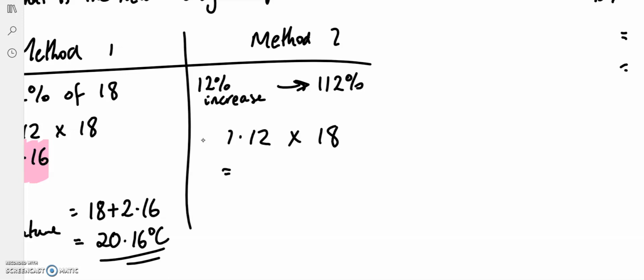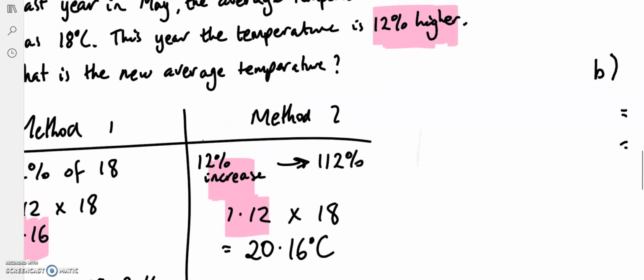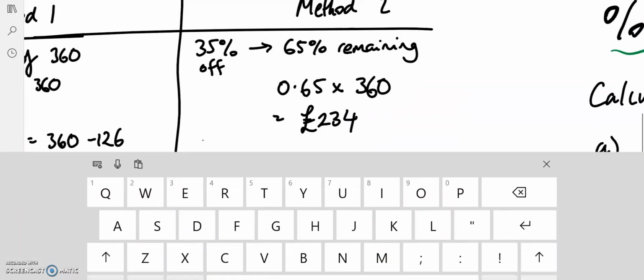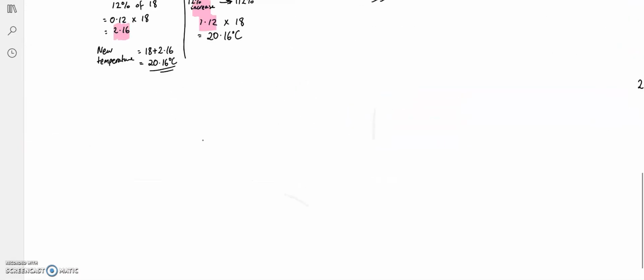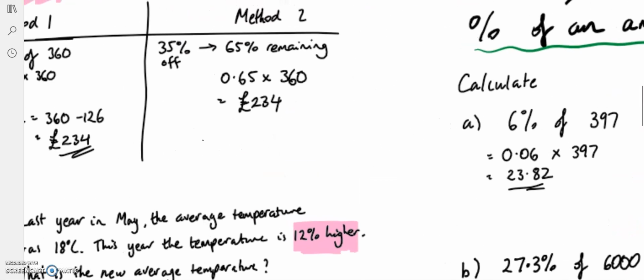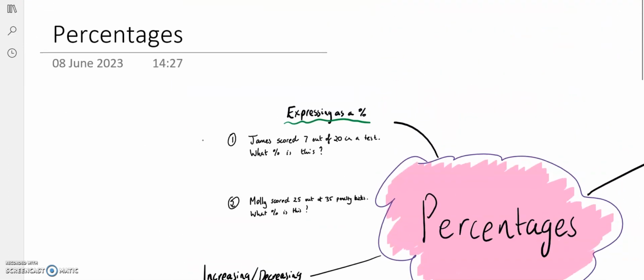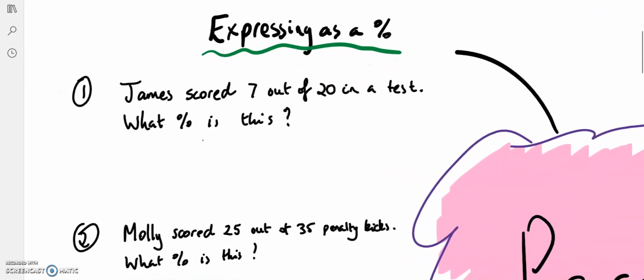And if we do that, I'll just double check, that should become 20.16. There we go. With method 2, if it's an increase question, it's going to be 1 point something. If it was a decrease question, like in question 1, we would be timesing by 0 point something.